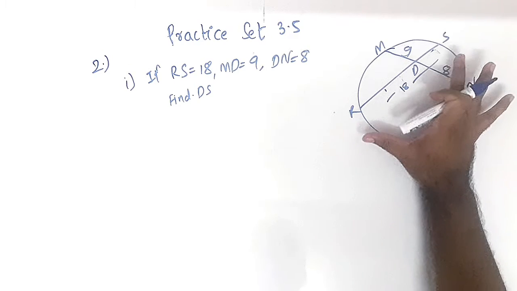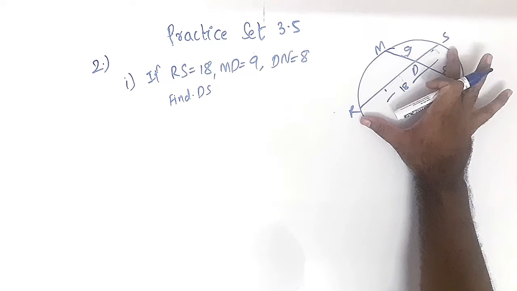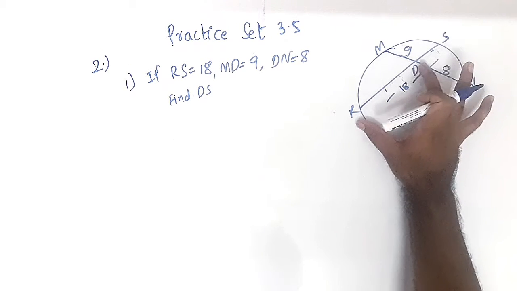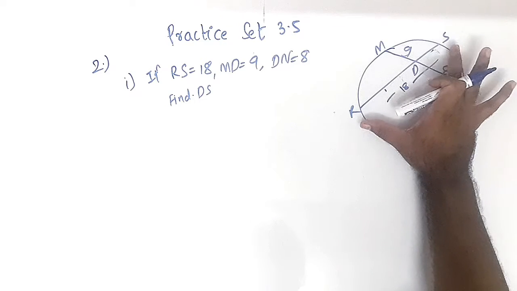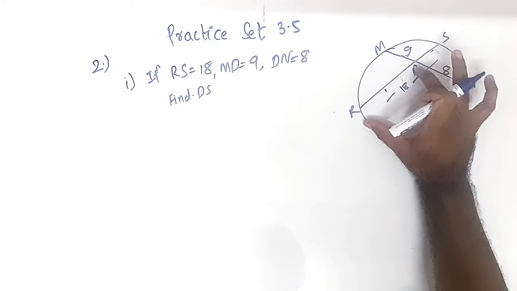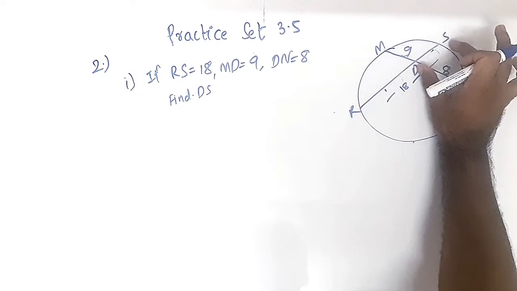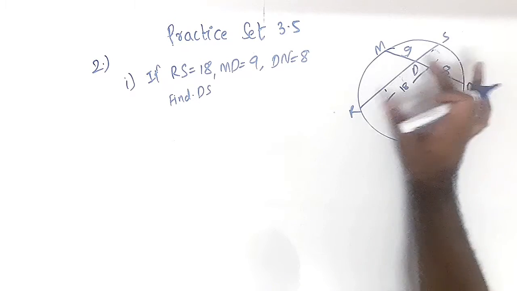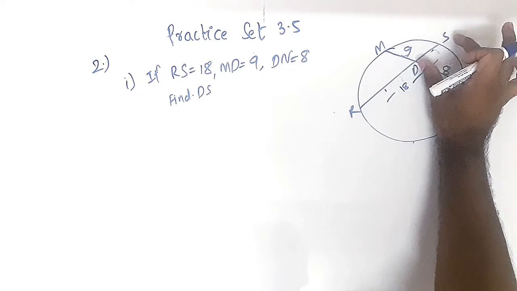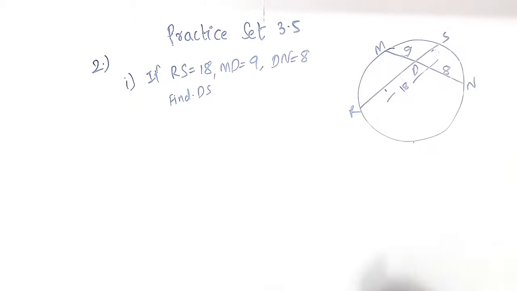Now, if I tell you this is 18 and out of this 18 this is 10, how much will DS be? If I take this as X, then the other will naturally be 18 minus X.